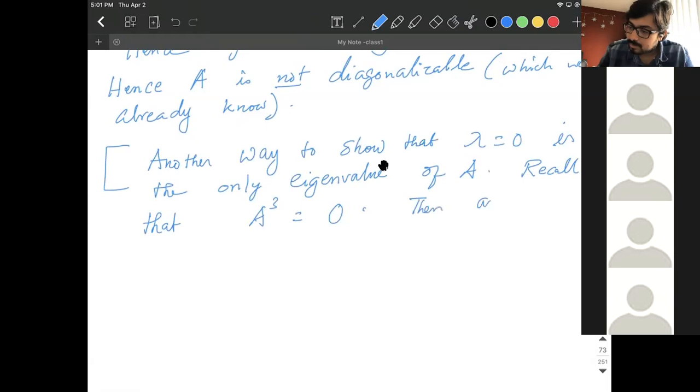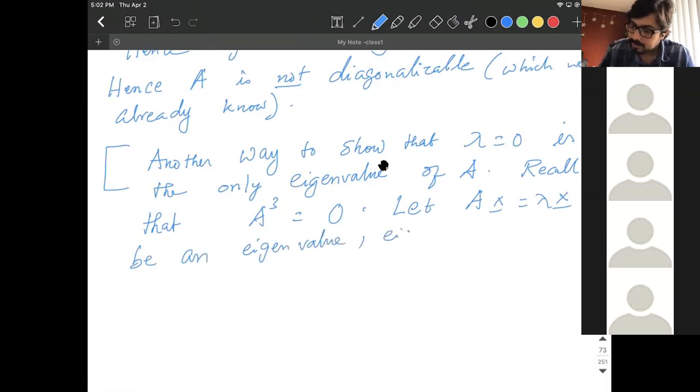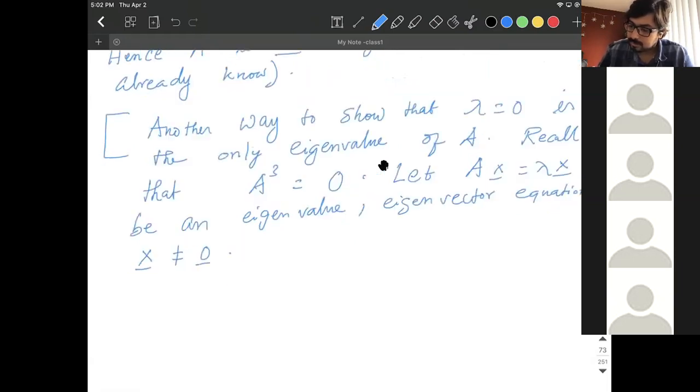Then let Ax equals lambda x be an eigenvalue, eigenvector equation. So this vector is not 0. Okay.